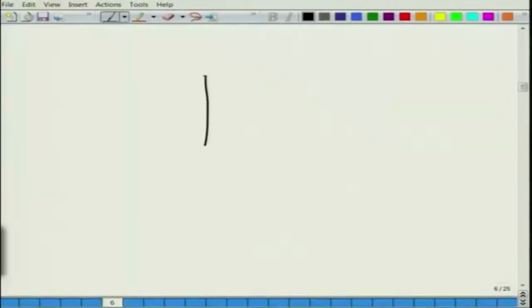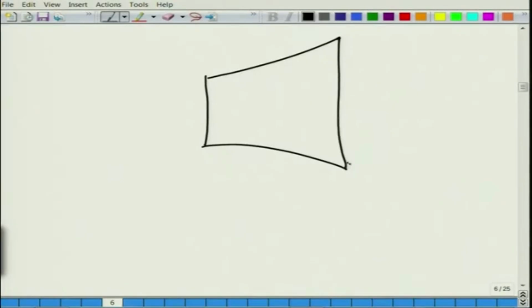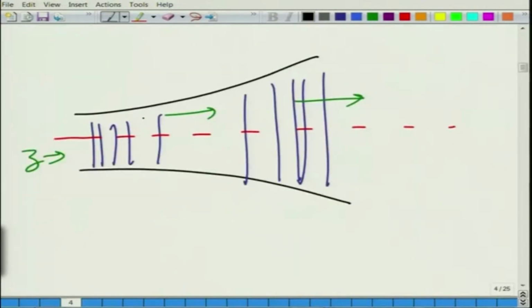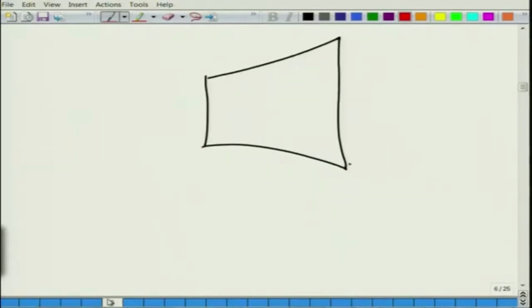So, what we will do now is that we will consider a control volume, something like this, which is representative of the duct of gradually varying cross section area. We are considering a small chunk of element here, but we are zooming it, magnifying it to get this part. And so, this is a small volume actually, and this goes on like this.